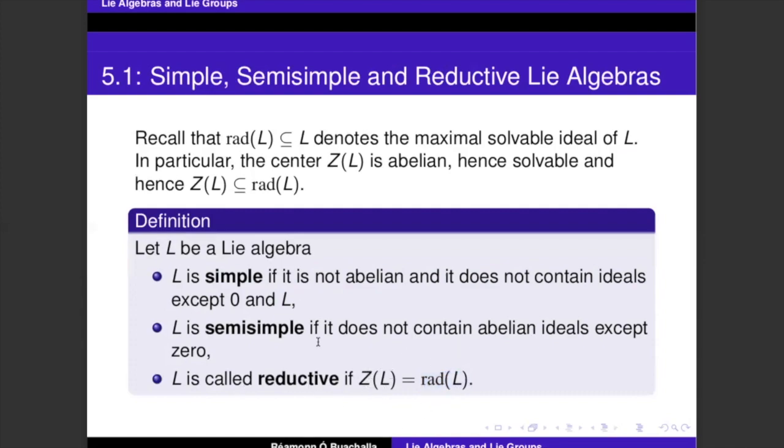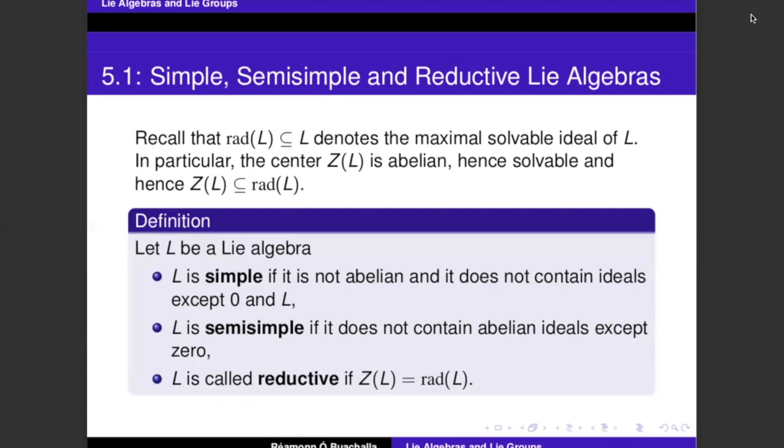Just to help you with this, let's recall some facts from last week. Remember that the radical is the maximal solvable ideal. What you do is you take the linear span of all of the solvable ideals inside L, and this is again an ideal, and it's solvable.